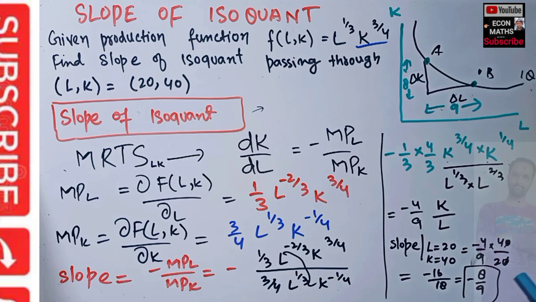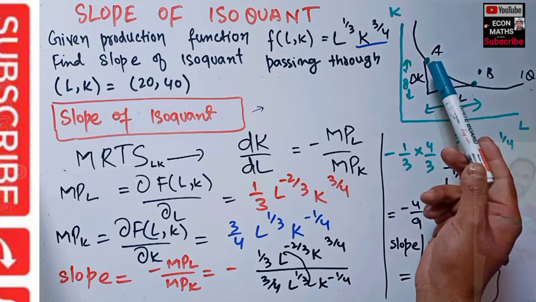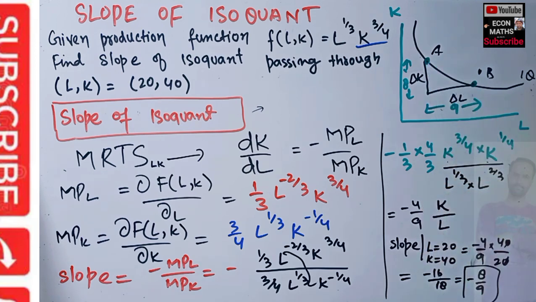That means we need to sacrifice 8 units of capital for 9 additional units of labor so that our production remains the same. I hope I make myself clear. Thank you.